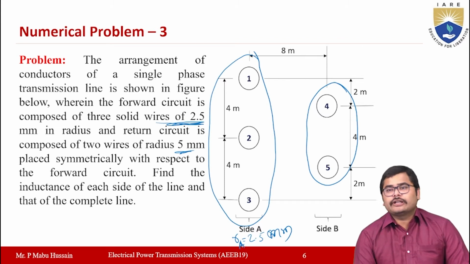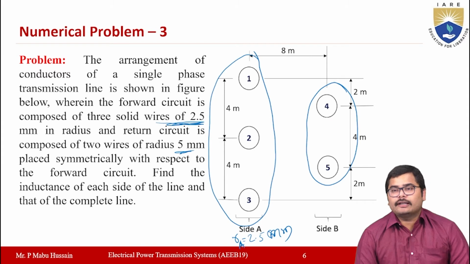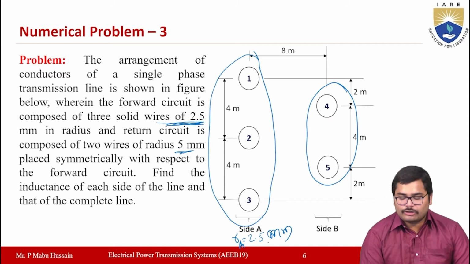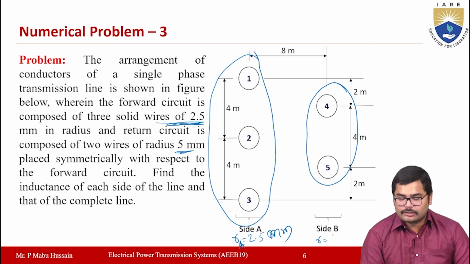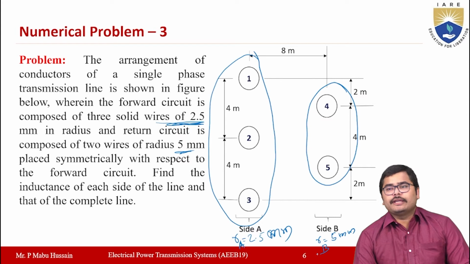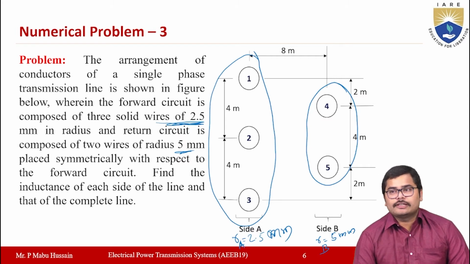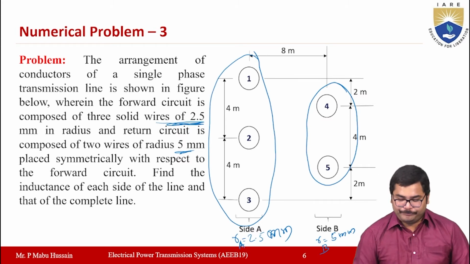So the radius of each subconductor in side A is RA equal to 2.5 mm, and in side B the value is 5 mm. So side B radius is RB, which is 5 mm.